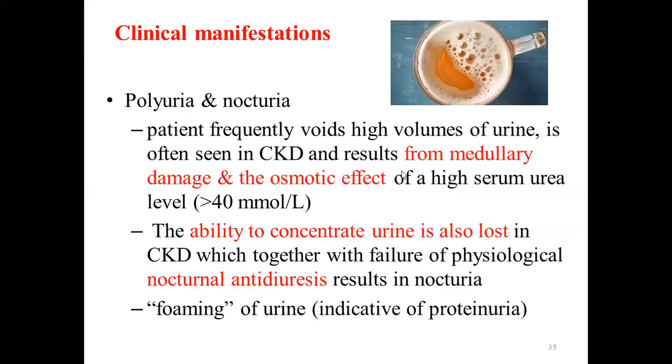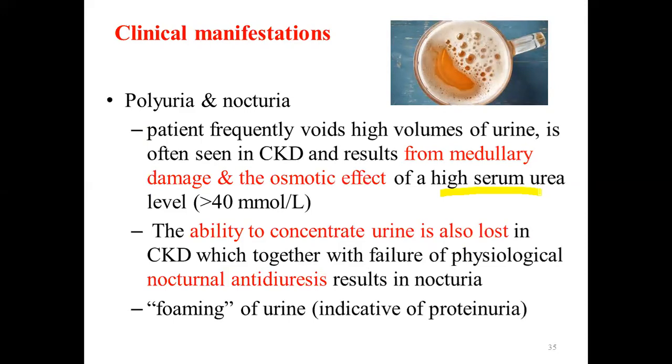Okay, then maybe now we can see in detail the clinical presentation for this condition. So polyuria and nocturia is very common. Remember, the polyuria is due to the osmotic effect of high serum urea.